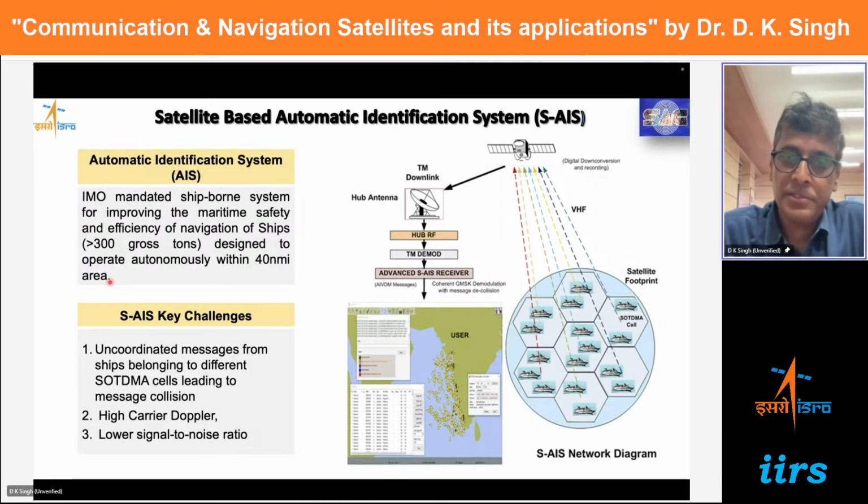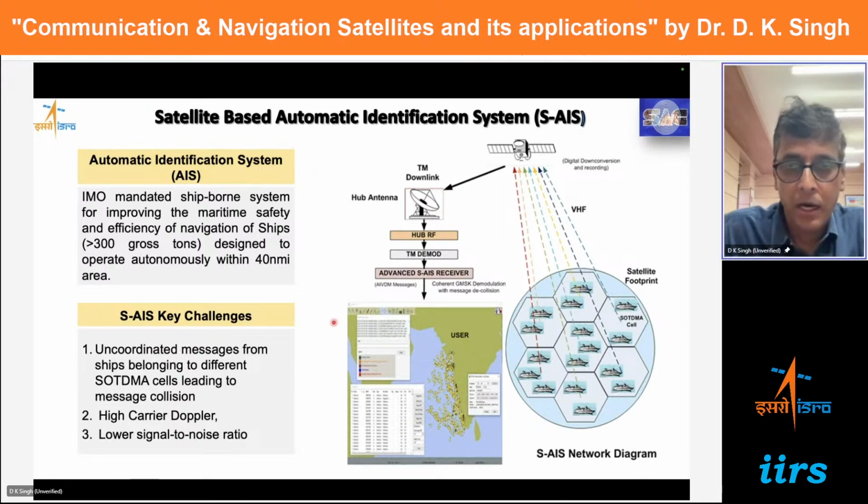All the ships which are more than 300 ton are mandated by the International Maritime Organization to transmit their information to all the neighboring ships, so that all the ships in the vicinity of a few nautical miles know who is around them, and in case of any emergency they can be contacted.